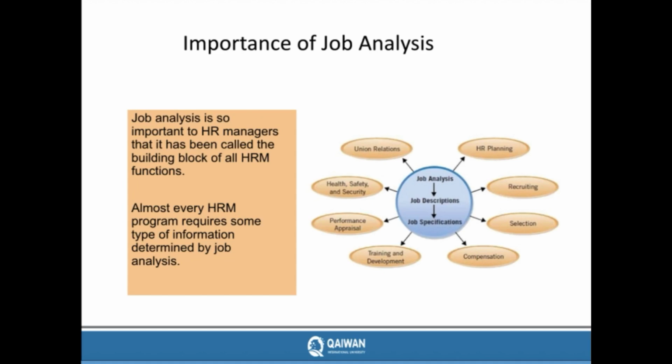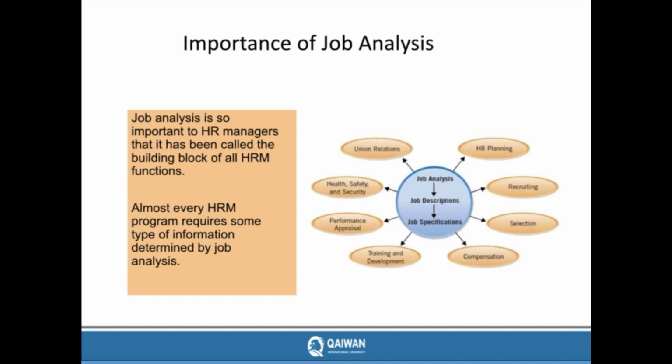So why do some jobs get higher salaries than others? Because job analysis helps us understand the complexity, responsibility, and requirements of each type of job. So based on that analysis, we decide fair pay.